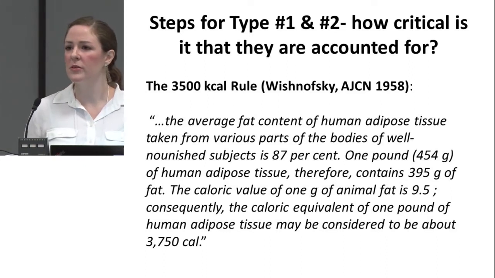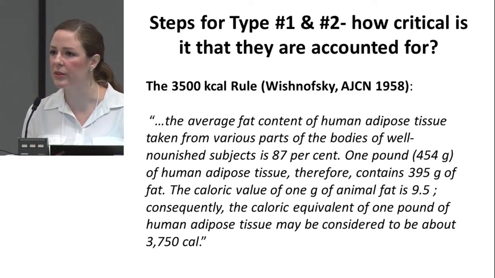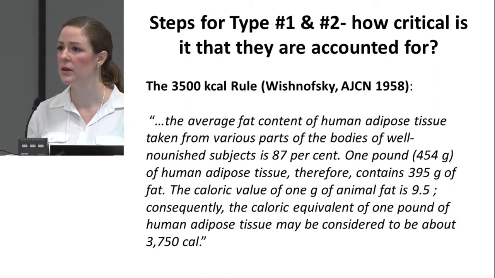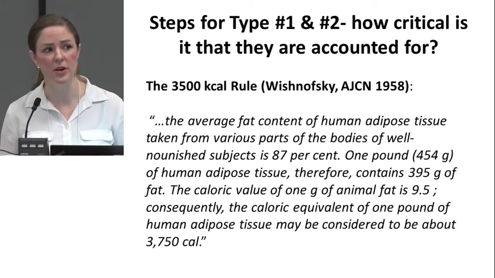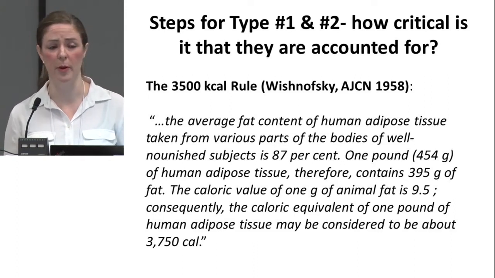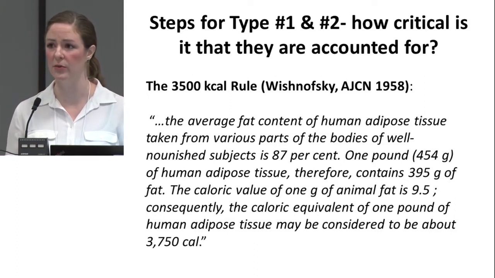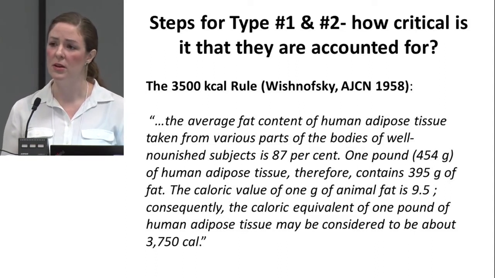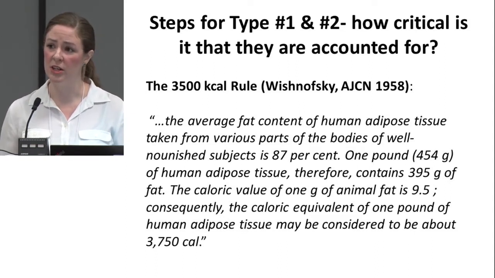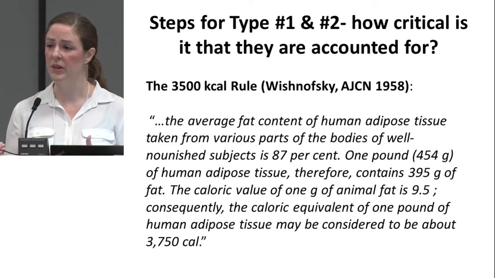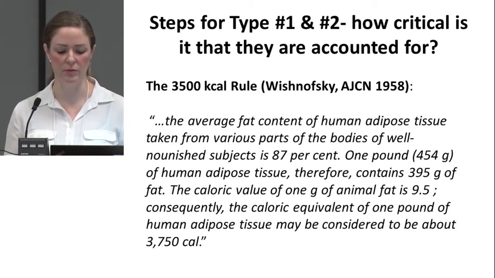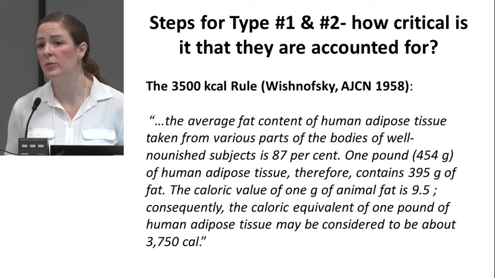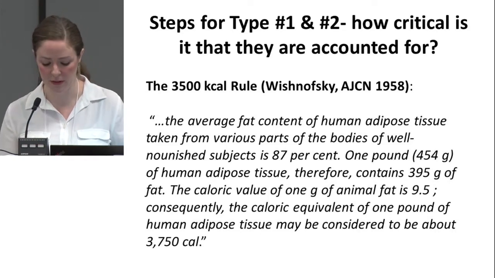So let's talk about some of these steps that I've outlined. How critical is it really that we account for these? I'm going to bring us back to the general rule of thumb that is often used for predicting outcomes for public health policies, and that's the 3,500 calorie rule. In a static model, it assumes that a reduction in energy intake would result in a non-adapted reduction in body weight, because 1 pound of body fat equates to 3,500 calories.